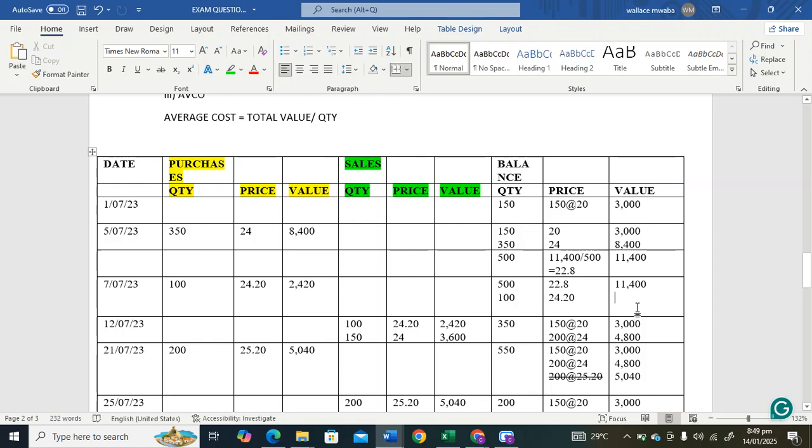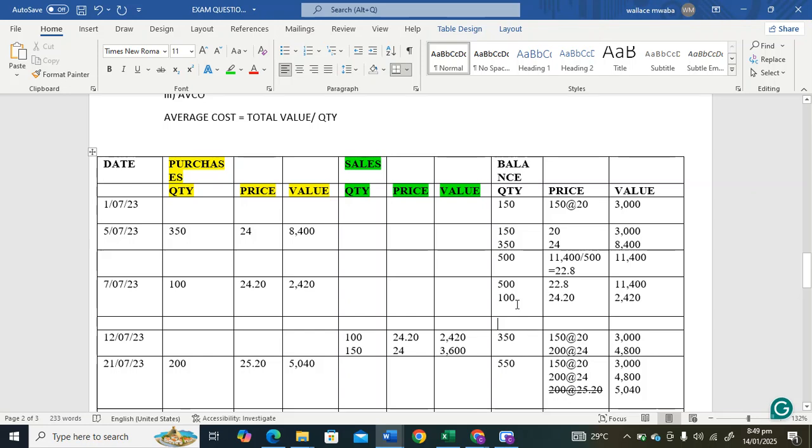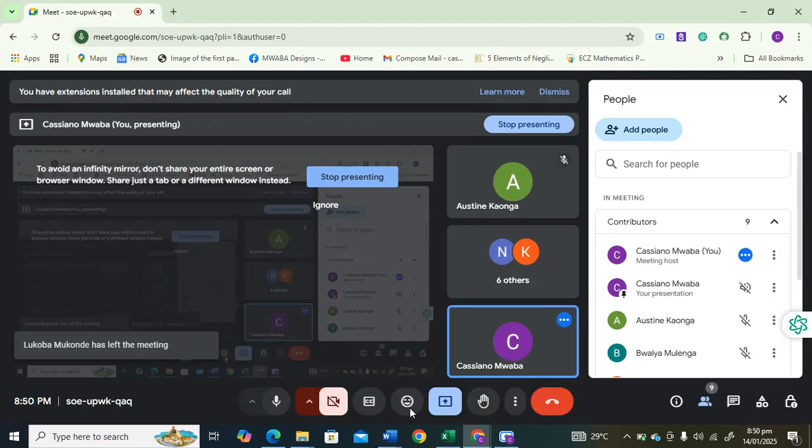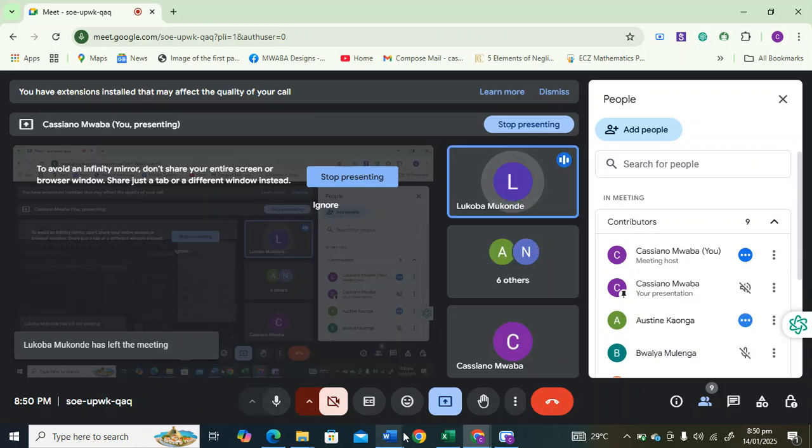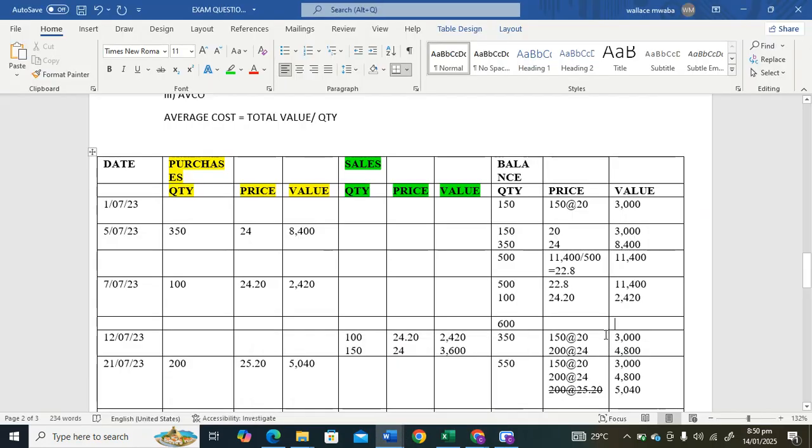That is 2,420. So we find the average cost. So we first get the total quantity of goods, 600. The total value of the goods, 11,400 plus 2,420. What do we get? 13,820.